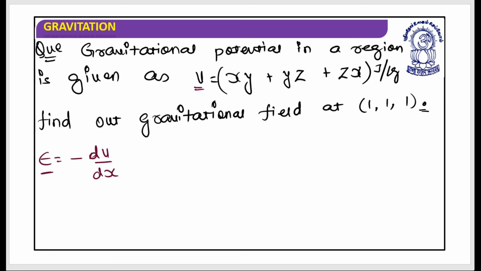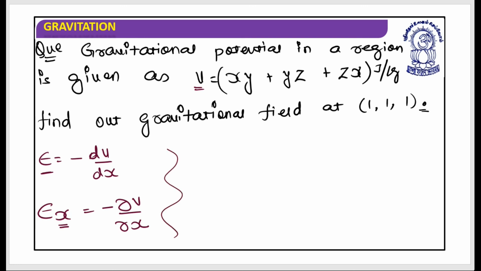So what I need to do is what we call partial differentiation. For Ex, this is equals to minus of del V by del x. When I differentiate with respect to x, I understand that y and z are constant for me.